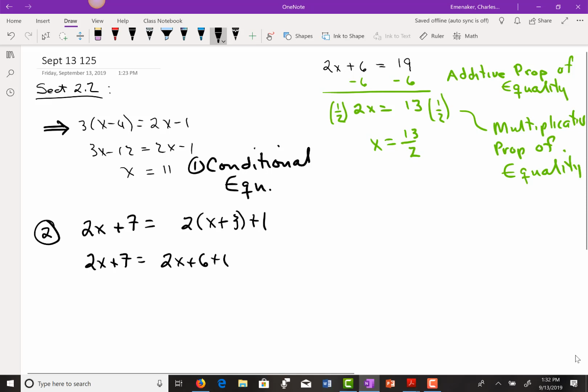What happens to the 2x on each side? They equal each other. So if we use the additive property of equality, we can add a negative 2x to each side, and what's going to happen to the 2x's? 0. They cancel out. Well, that's kind of weird. And I get 7 equals 7.